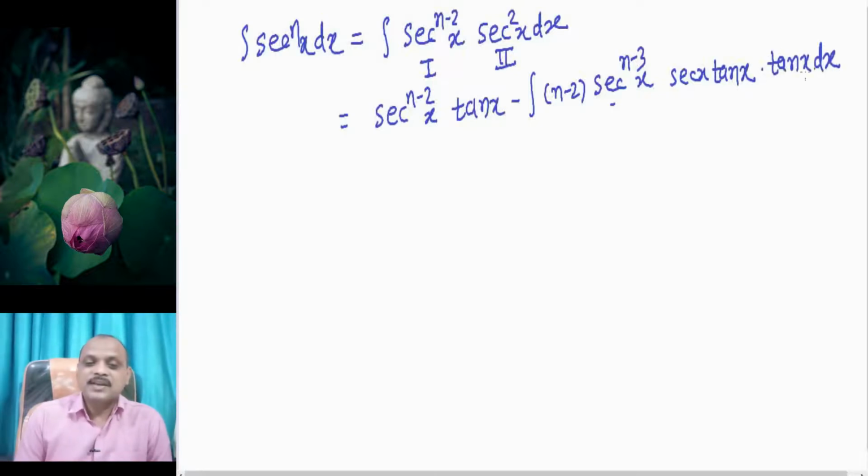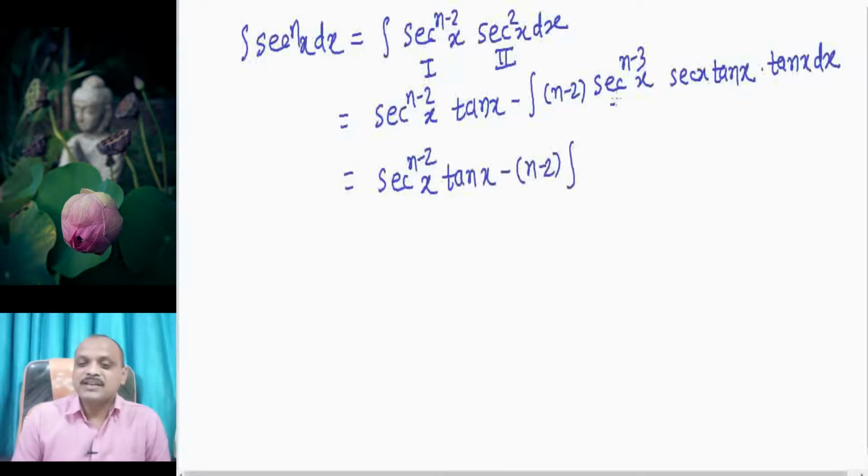equal to sec raised to n minus 2 x tan x minus n minus 2 into integration of sec raised to n minus 3 and this sec, this will give us n minus 2 x, and tan square x into dx.